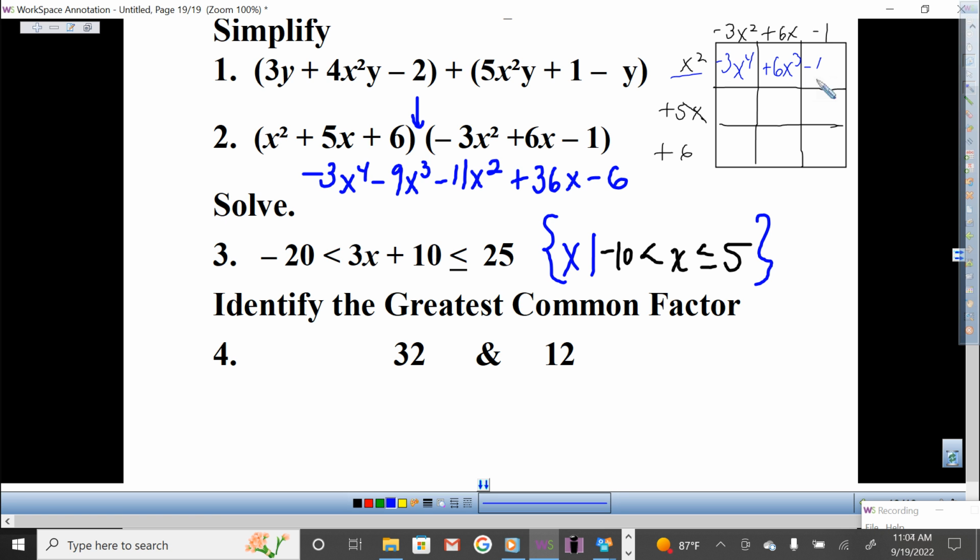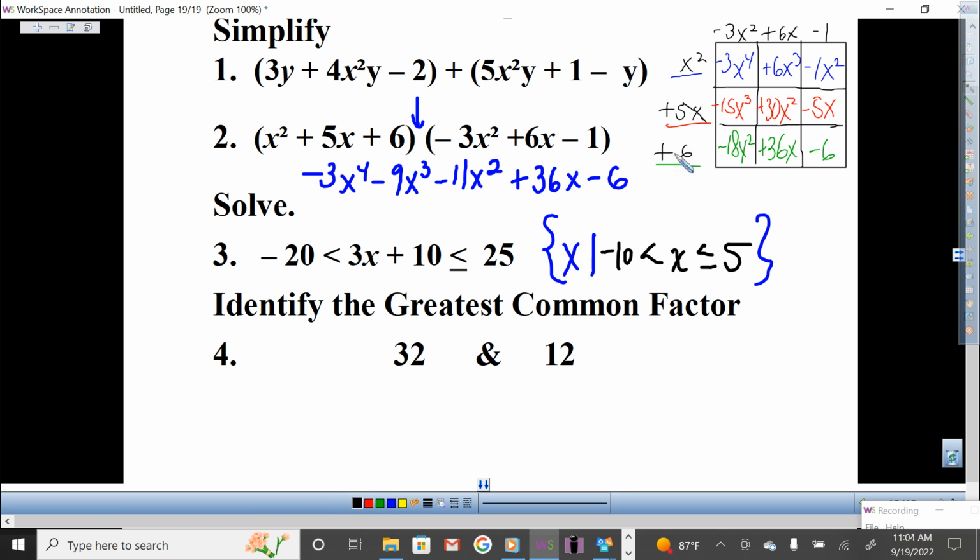That times that is negative 1x squared. Next, 5x times negative 3x squared is negative 15x cubed. 5x times 6x is positive 30x squared. And 5x times negative 1 is negative 5x. And last but not least, 6 times negative 3x squared is negative 18x squared. Then 6 times 6x is positive 36x. And 6 times negative 1 is negative 6.